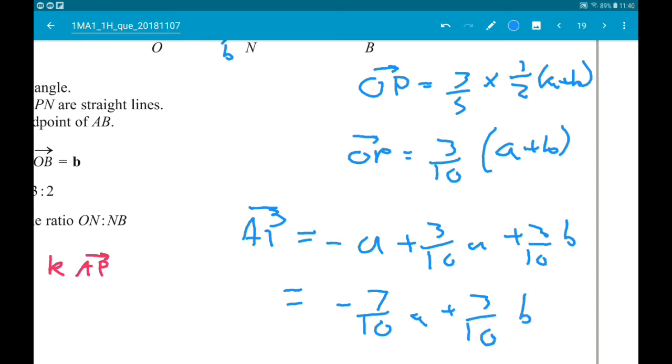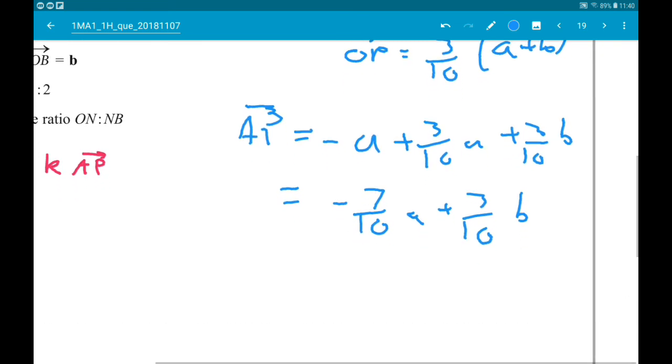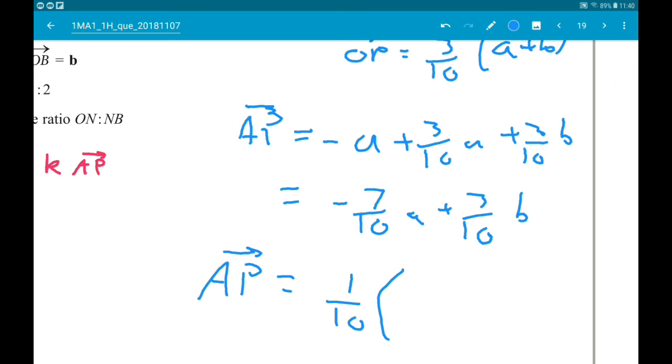Now to make that a little bit less scary, we could factor out a 10th and say then that A to P is 1/10 lots of minus 7A add 3B.